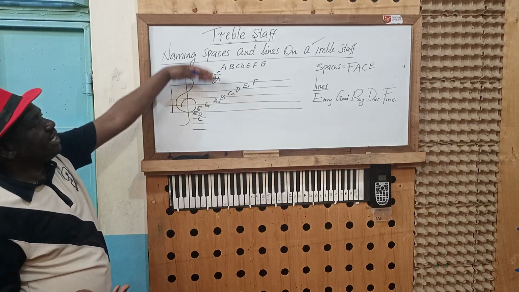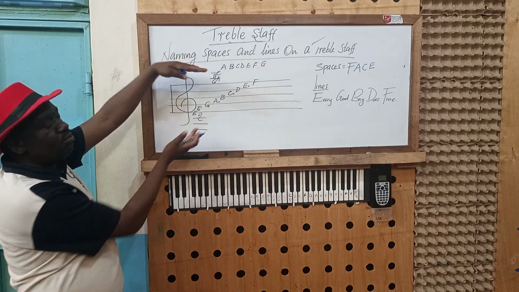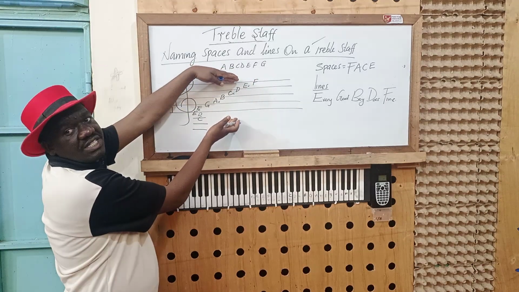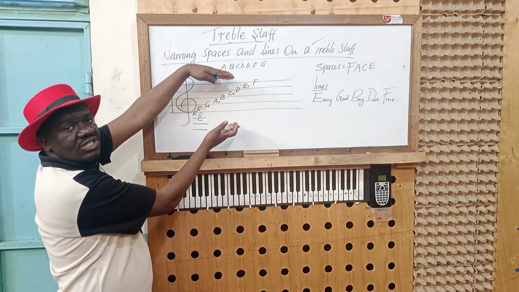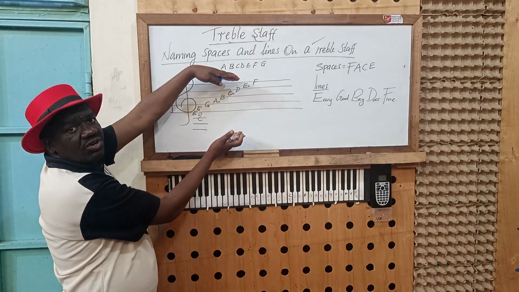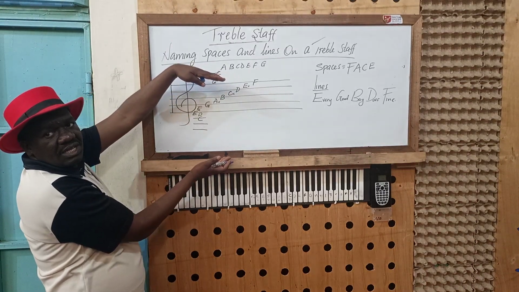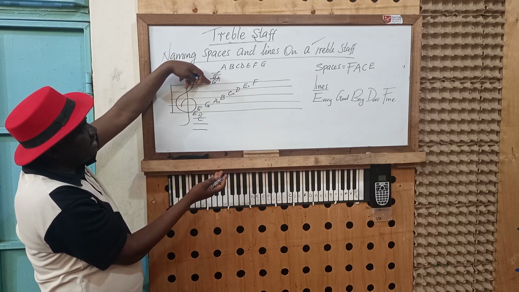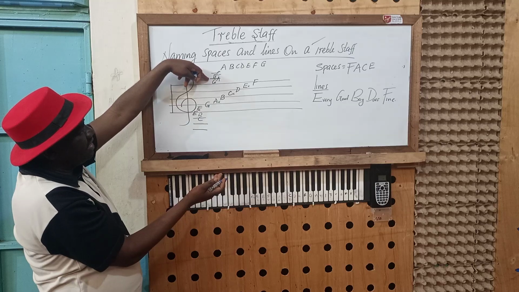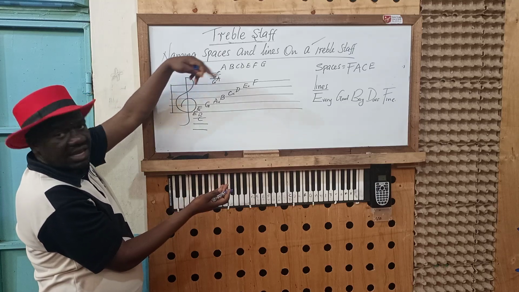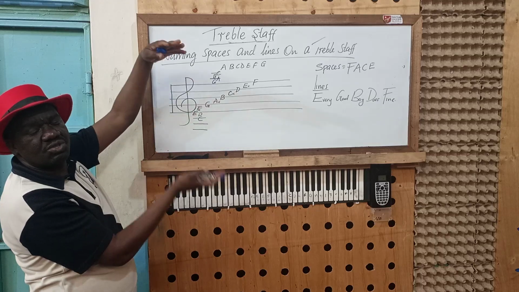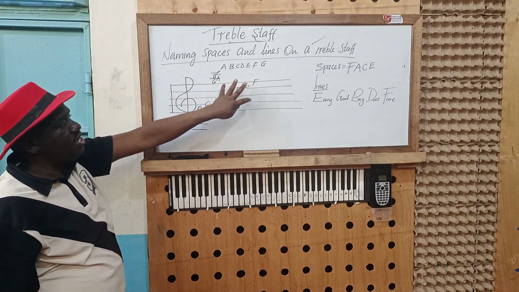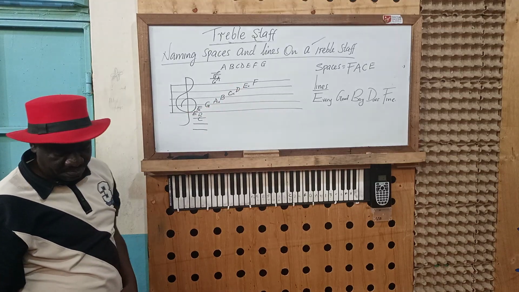So when you operate within a ledger, we are outside the normal staff. Any note that appears outside the staff, or this set of 5 lines and 5 spaces, is written on a ledger, or on a space between 2 ledgers, or on a space between the last line of the staff and a ledger. Like this G is between the last line, 5th line, and this ledger. But on the ledger itself, it's A. We just name the ledgers and the spaces between them just the way we name the lines and spaces within the staff.